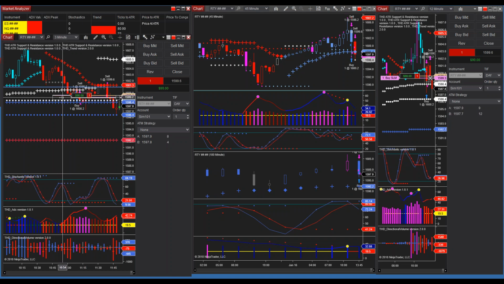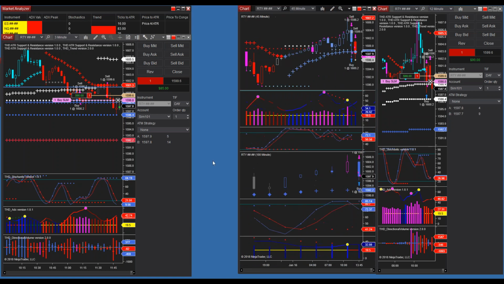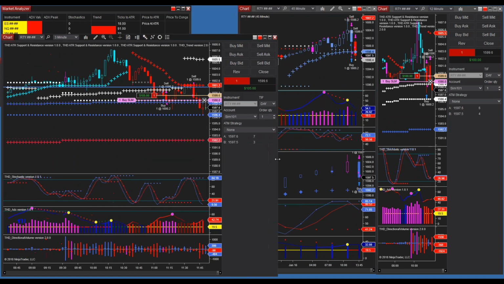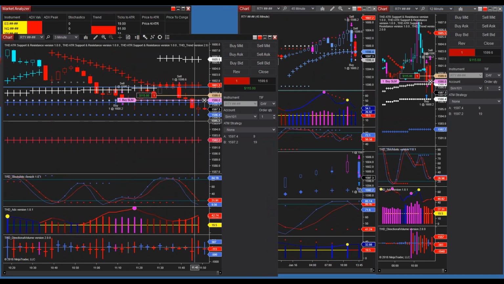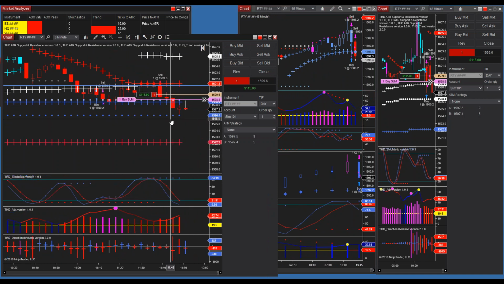And now I can actually move my stop down just a little bit closer. You're just about one tick, I think, off of that one. So, yeah, you're sitting about one tick off of it.